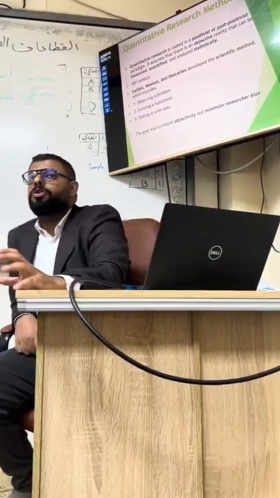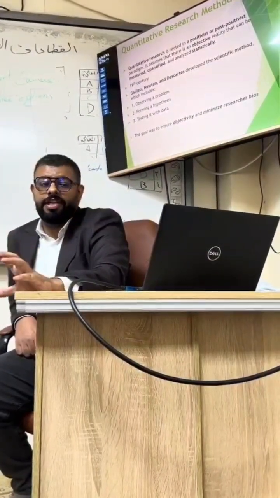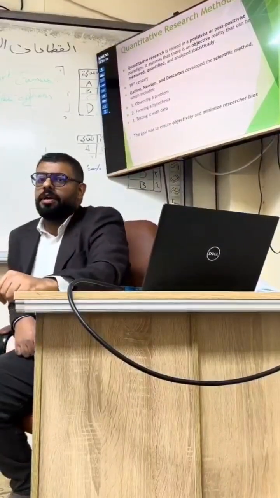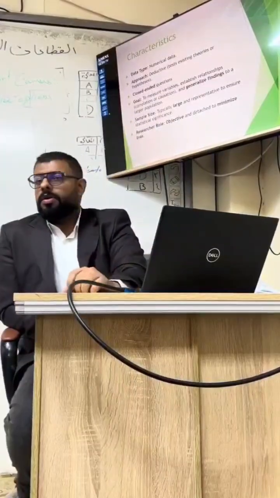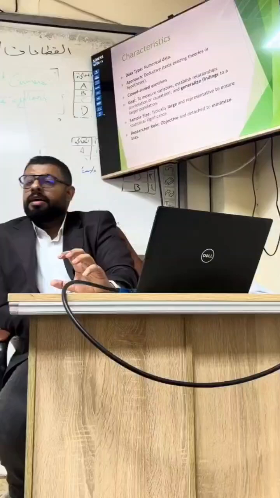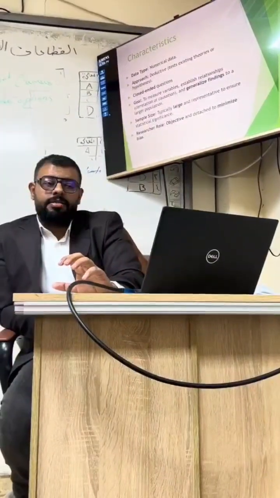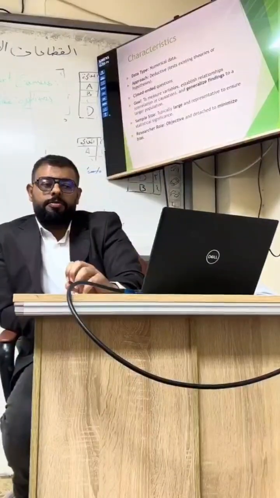So the goal is to ensure a way to approach the problem objectively and to minimize bias in these research problems. So the quantitative area has many characteristics that qualify it for this.